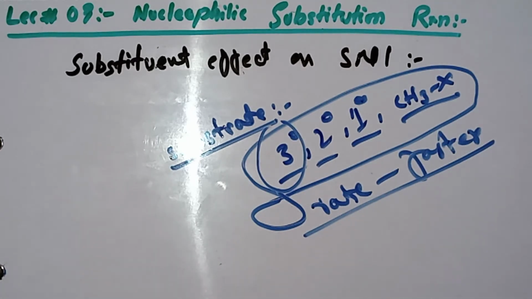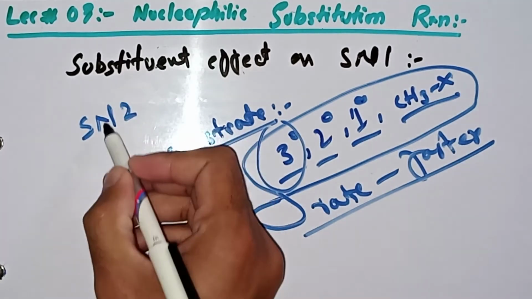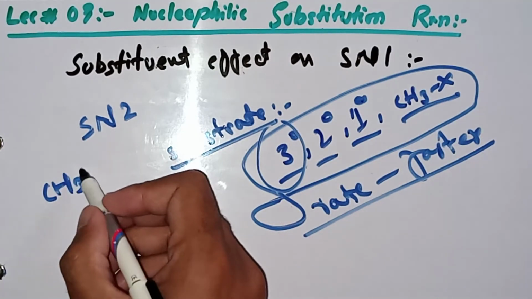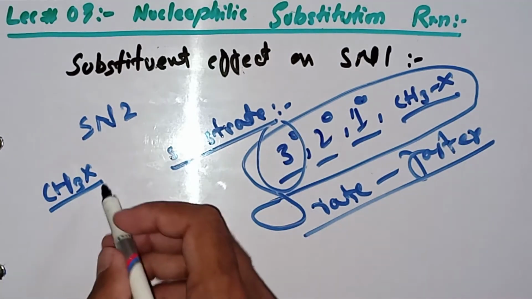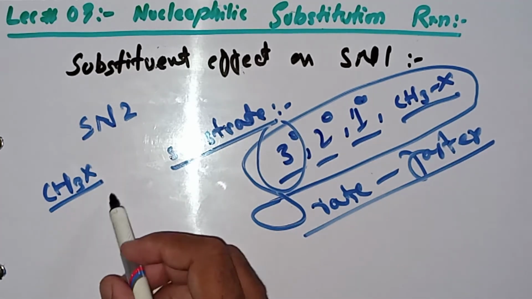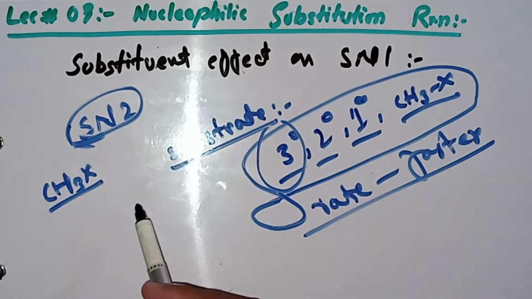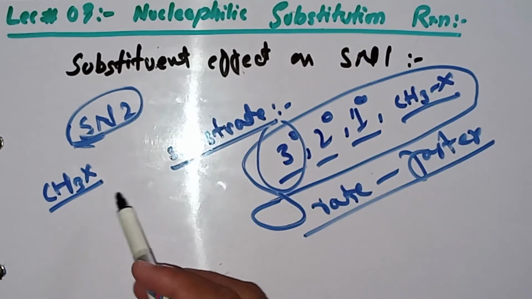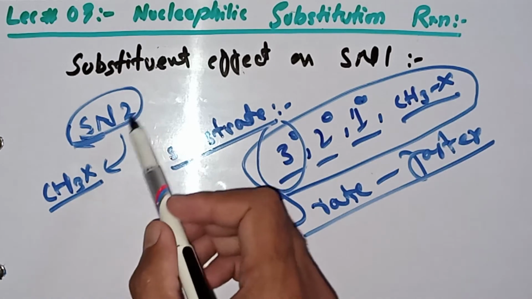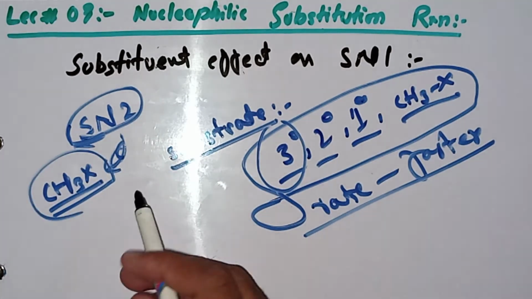I already explained to you that in the SN2 reaction, CH3, that is methyl halide, reacts faster, because in the SN2 reaction two different reactants are used in the rate determining step.